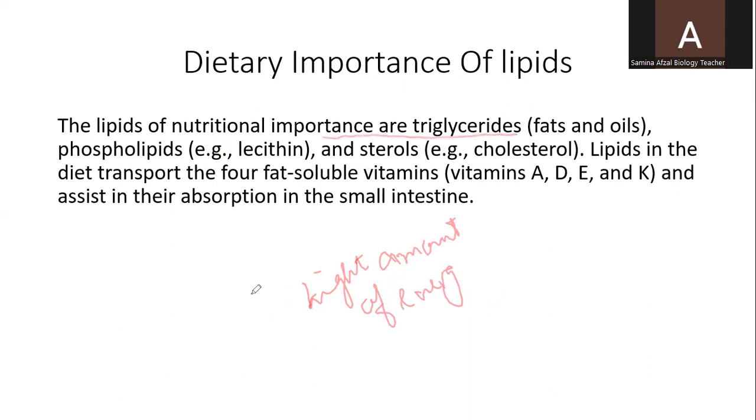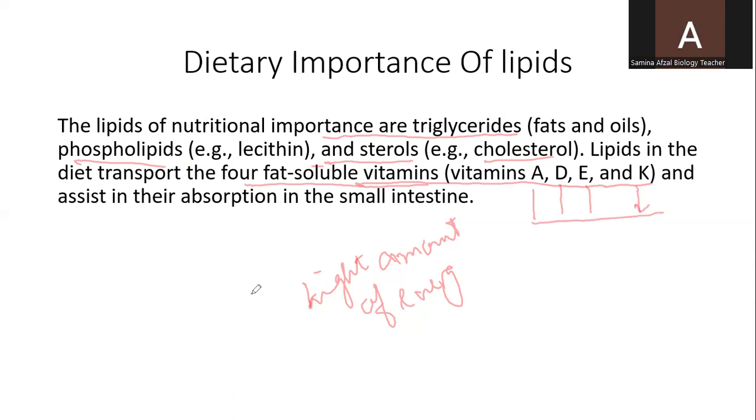They are triglycerides, phospholipids, sterols, and for example, cholesterol. So they give us the highest amount of energy. Lipids in the diet transport the four major fat-soluble vitamins A, D, E, and K. These vitamins are only soluble in fats.